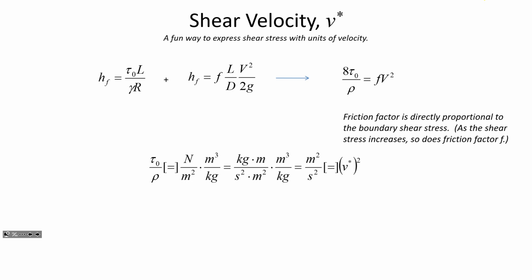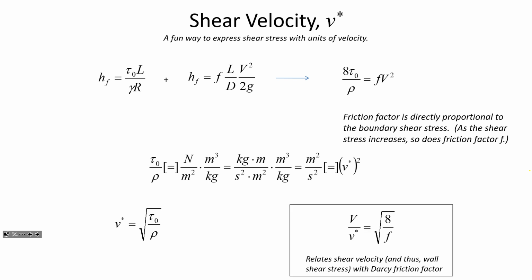And if you look at the units of the left-hand side of that equation, so shear stress divided by density, then the units end up being meters squared per second squared. And so that's just when someone thought, well, let's call that shear velocity squared. And so then shear velocity would be the square root of that term, shear stress divided by density. And so then that gives you meters per second.